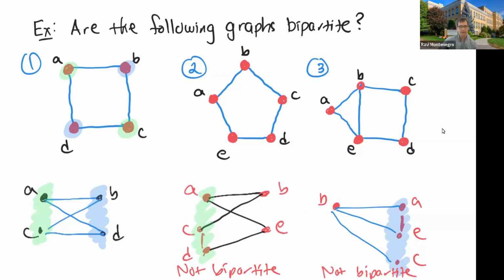If you studied graph colorings, you will have learned that there are a couple of special cases. One of them is if you have a complete subgraph, then you must use at least that many colors. In particular here, I have these points A, B, and E, and together they make a complete subgraph on 3 points. That means you must use a minimum of 3 colors. That's a problem because we're trying to 2-color it.